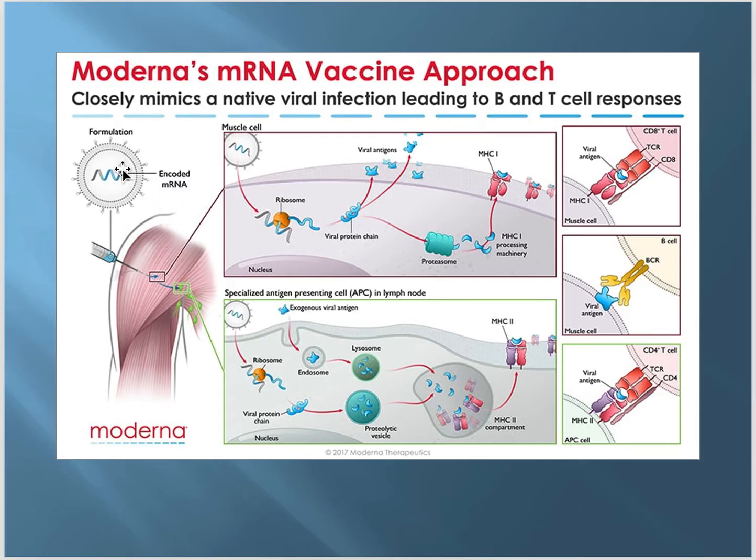Say they develop the vaccine against COVID-19. First, they isolated the messenger RNA that codes the spike protein of the COVID-19 virus, and then coated it with lipid nanoparticle.